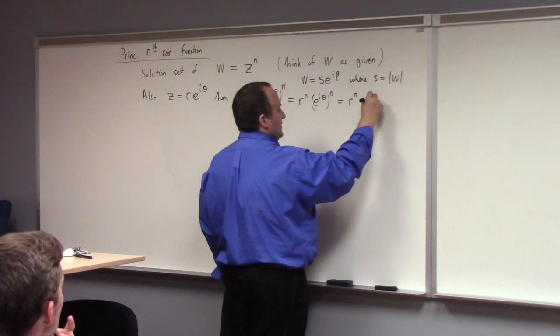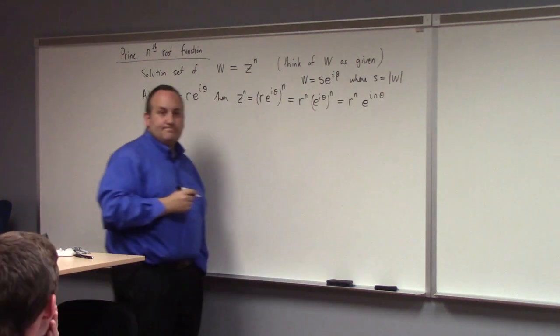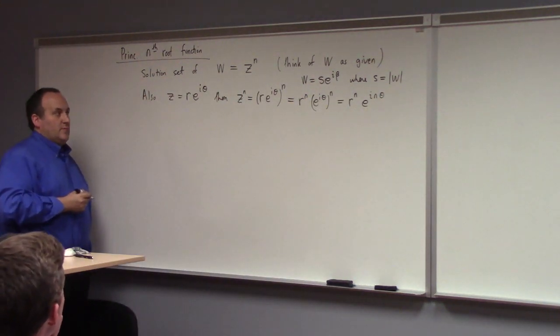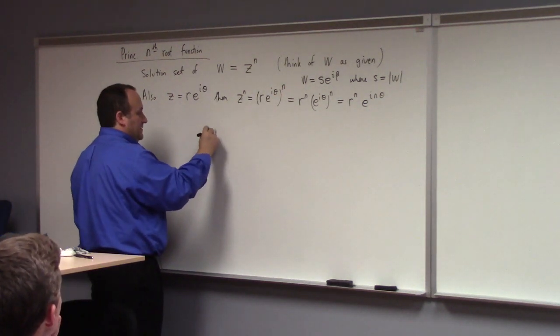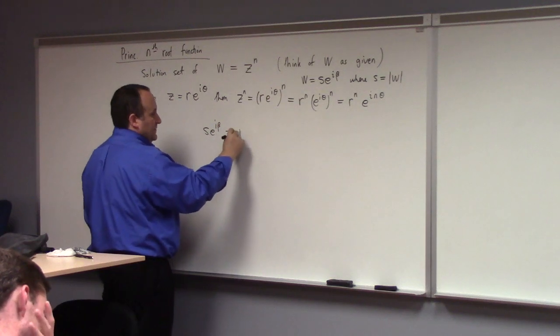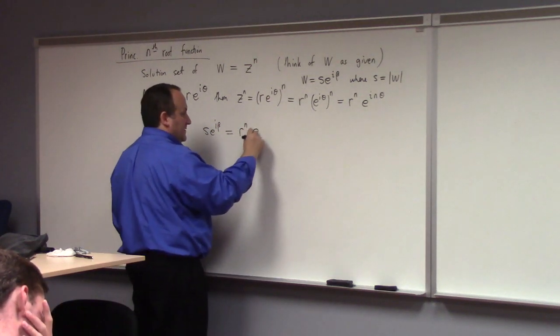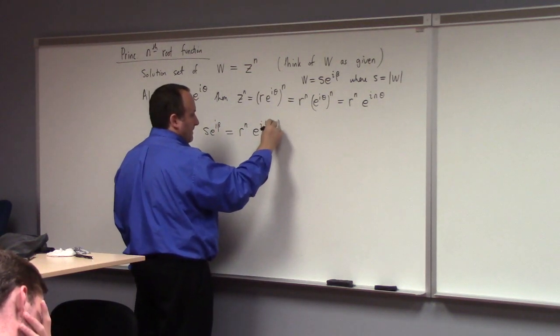So let's look at what we got. We have s e to the i beta equal to r to the n e to the i n theta.